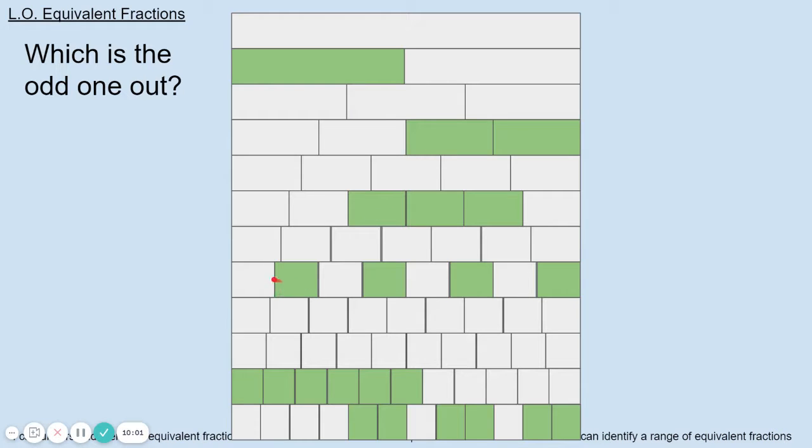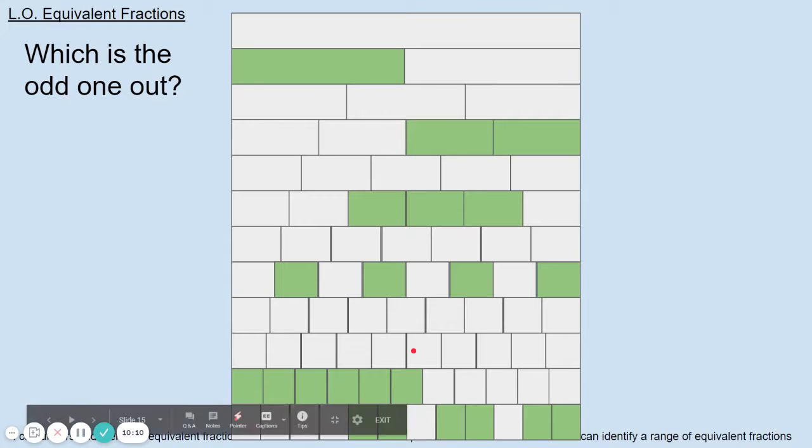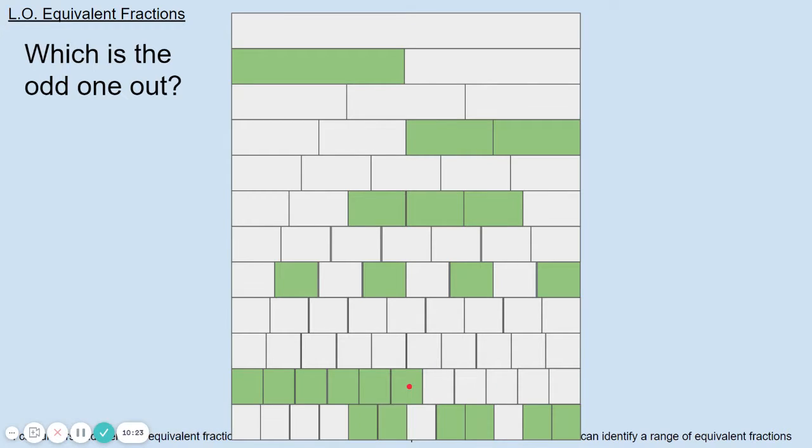We can see only half of the things have been coloured in. So it's 4/8 there. And then we've got one here. We've got 1, 2, 3, 4, 5, 6, and 1, 2, 3, 4, 5 left over. So that is 6/11.